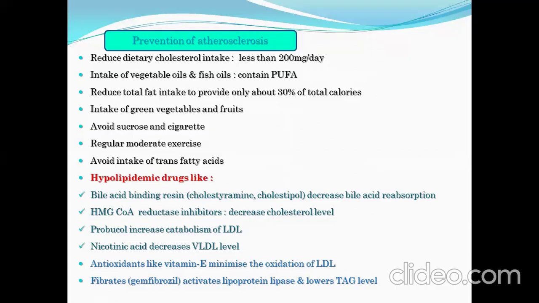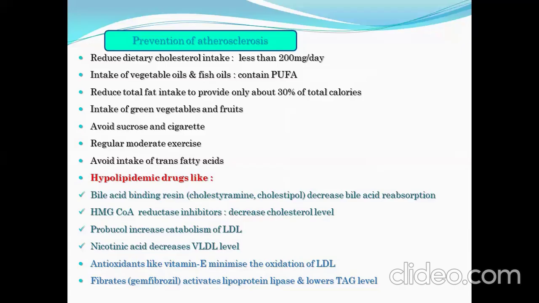If we are able to increase good cholesterol, definitely your bad cholesterol will drop. And the cholesterol lipid profile will be maintained. Okay. So there are two ways. One is physical activity and dietary modification. These two are the first line of treatment.